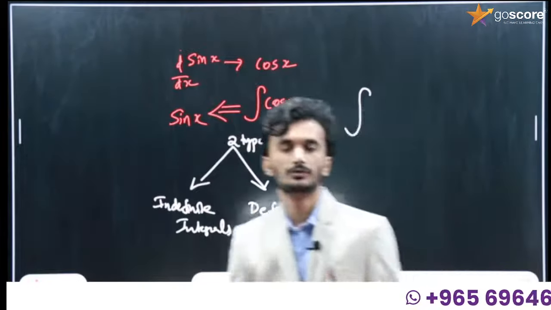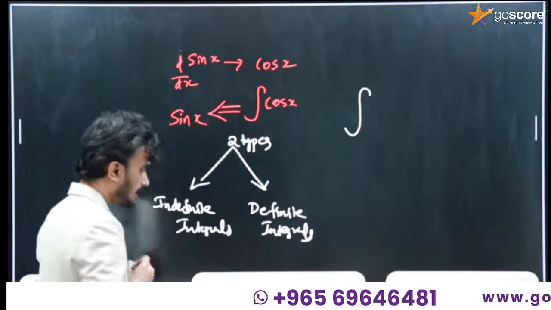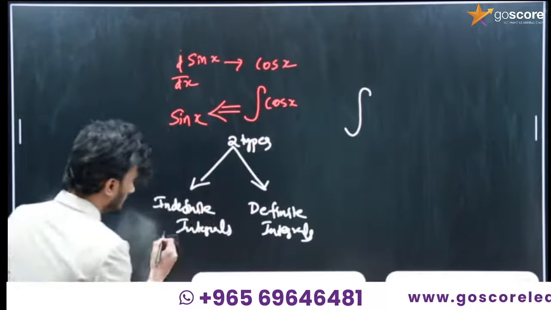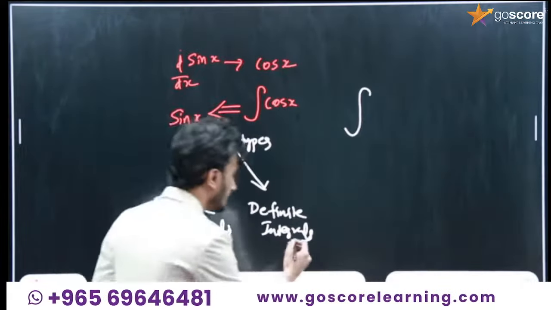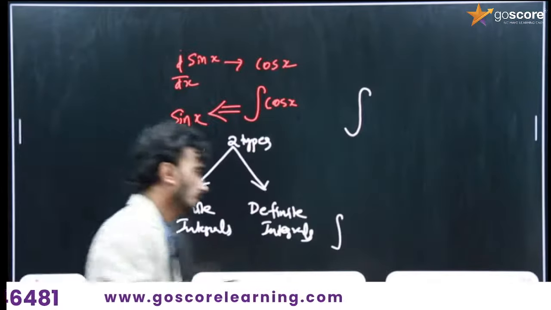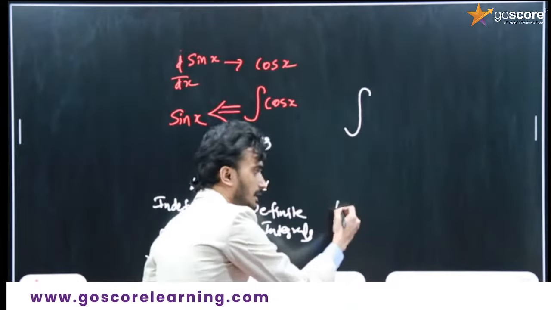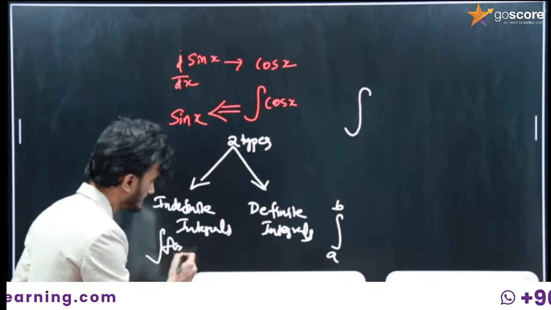What do you mean by definite and indefinite integrals? I will explain. An indefinite integral means this symbol with no limit. We will not apply any limit. In a definite integral we will apply a limit, a lower limit and an upper limit. Here it is f of x dx.